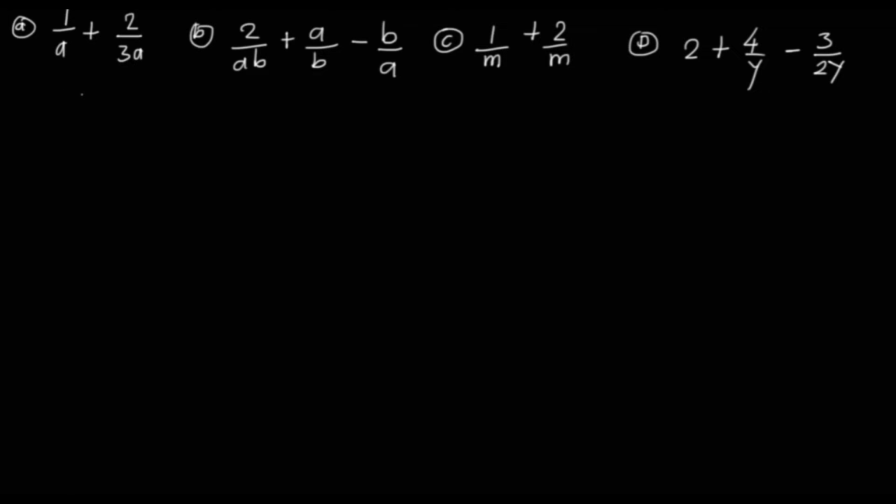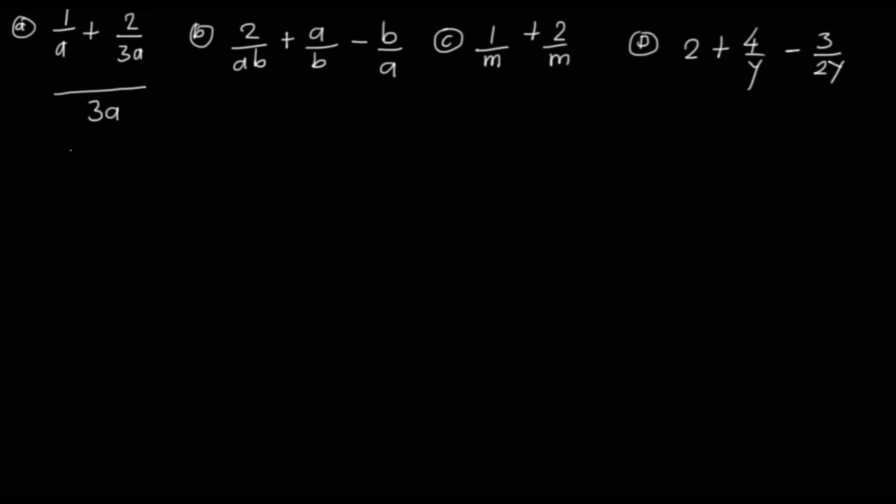The lowest common denominator is a number or an expression into which two or more denominators can go without leaving a remainder. Here the lowest common denominator is 3a, and the reason is simple: a can go into 3a, and 3a can go into 3a.